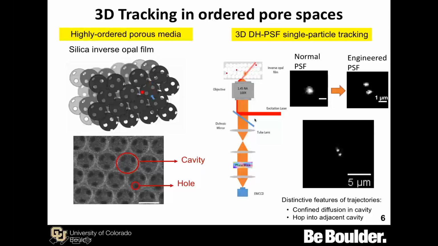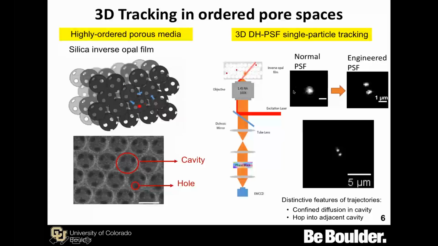Particle tracking is a very conventional experiment to study colloidal systems, but usually it's 2D tracking. Here, because this geometry is very complex, if we want to accurately extract this translocation process, we really need 3D tracking.